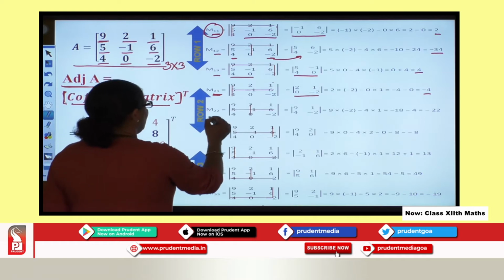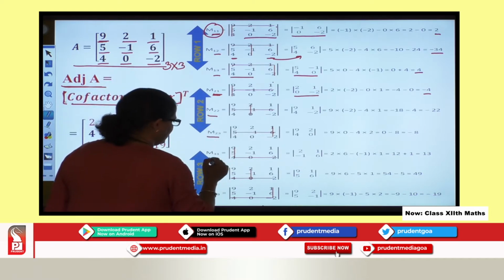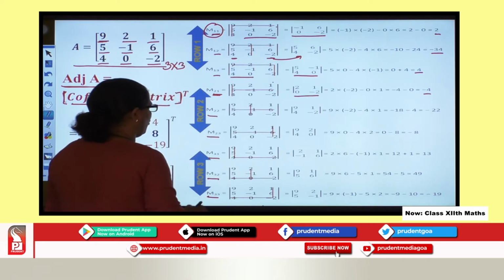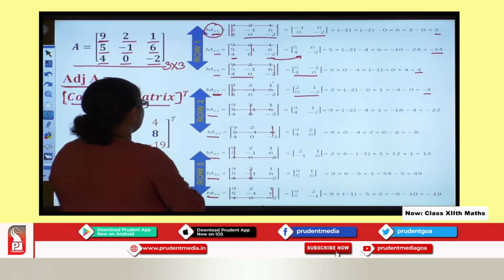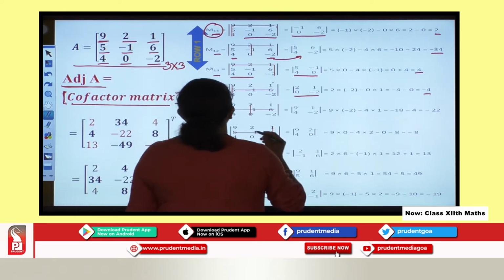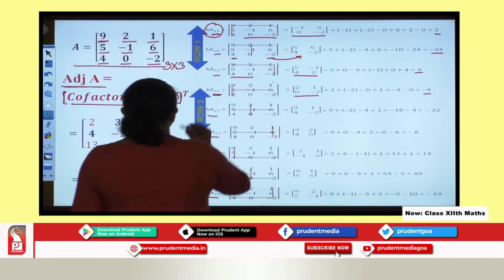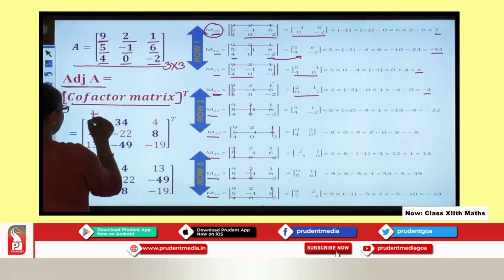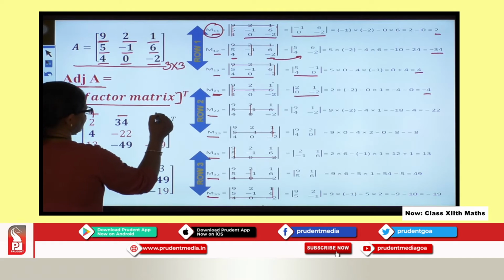Okay, the moment I get all these minors, what I need to do is get the cofactors. Cofactors are very simple to find. Just remember, now you can see here, if you remember, I gave you all the signs plus, minus, plus.